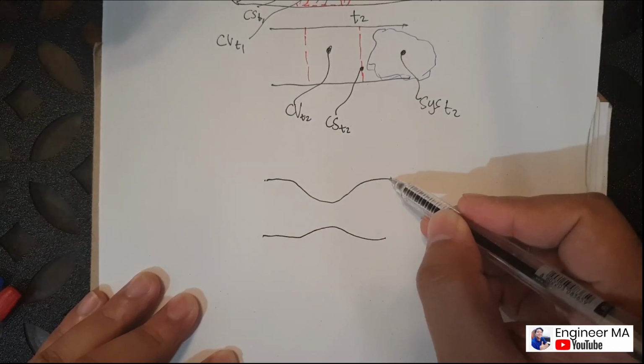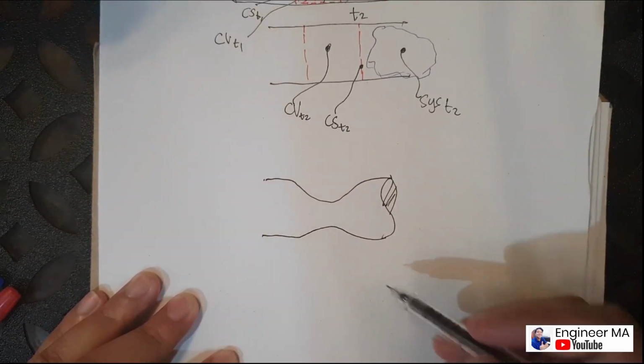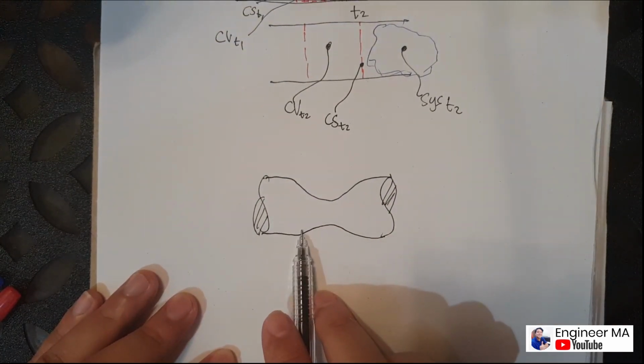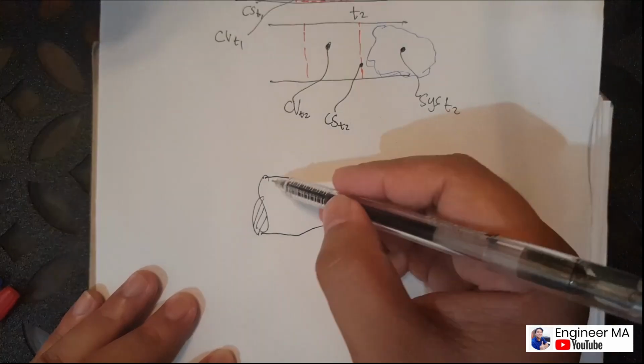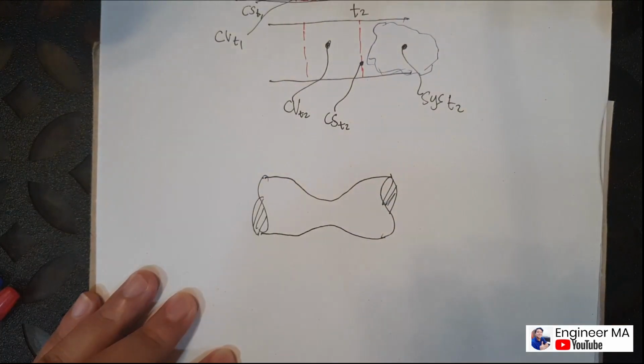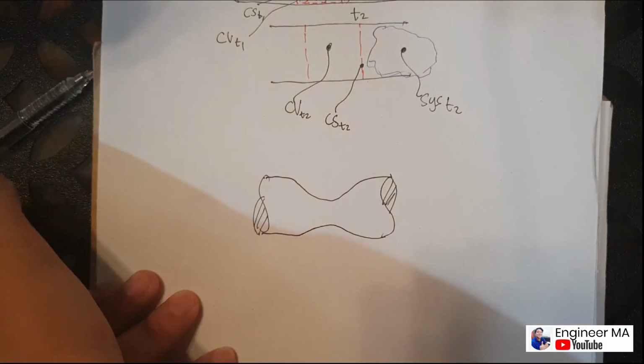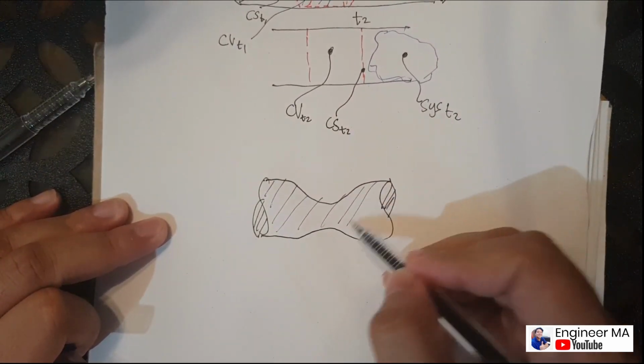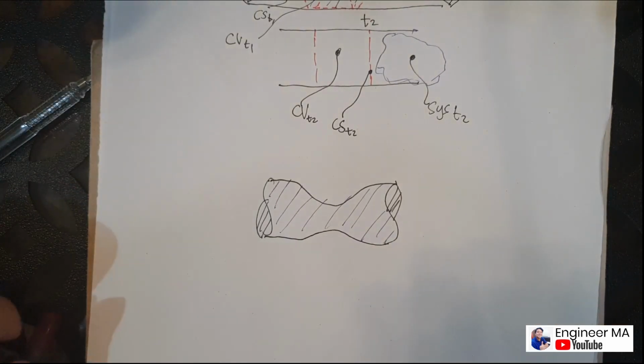Parang hourglass lang. Okay. So, this is your control surface. Itong surface area ng converging, diverging nozzle. And then, the control volume is the volume of this nozzle. Tama ba? Okay.